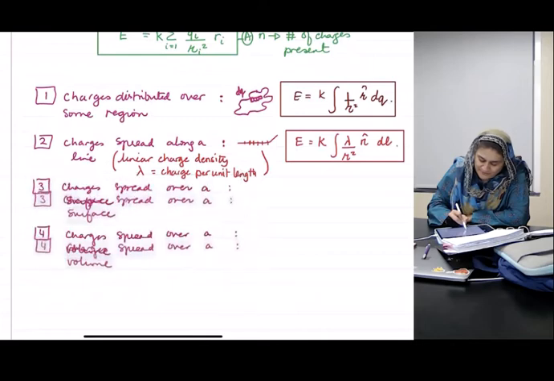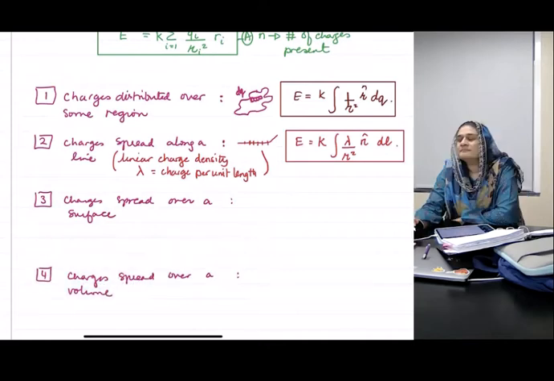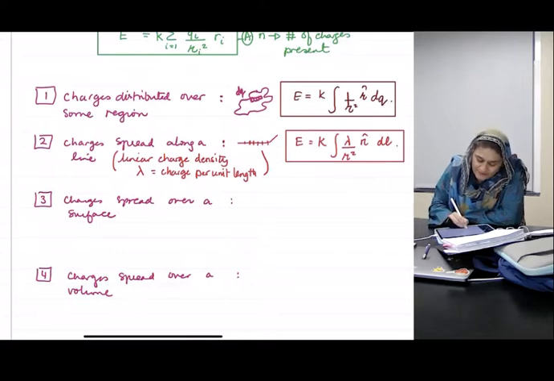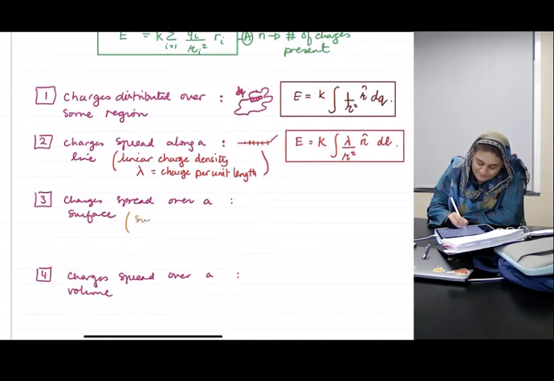I'm going to move this down a little, give myself more room. When I have charges spread over a surface, instead of a linear charge density, I will get surface charge density, which is sigma, charge per unit area.